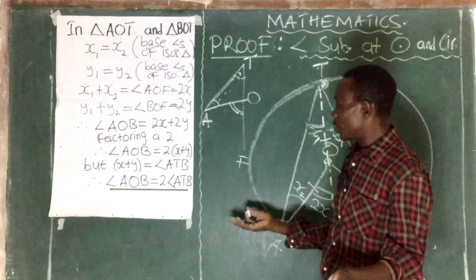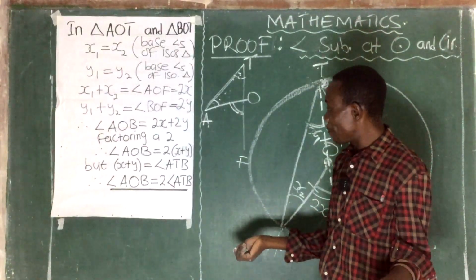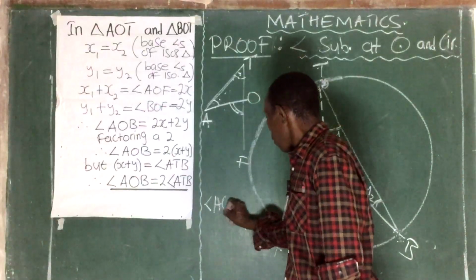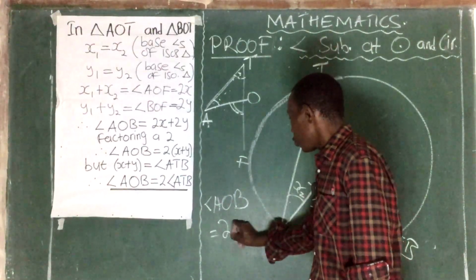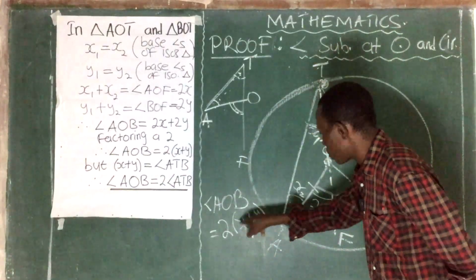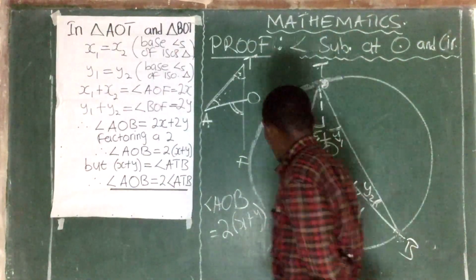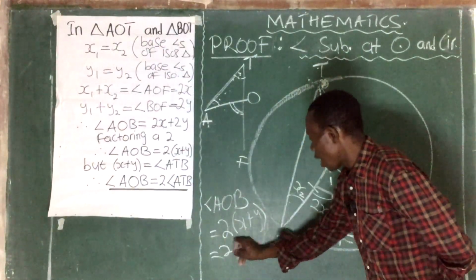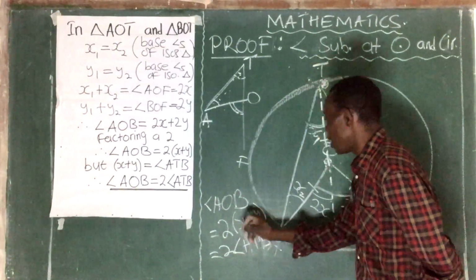Right. So that concludes the discussion here. There's nothing else we can do here. Because if I write angle AOB like this, 2, x plus y, then definitely, instead of writing x plus y, you know, it is the angle ATB. So it means you have just written 2 angle ATB as such.